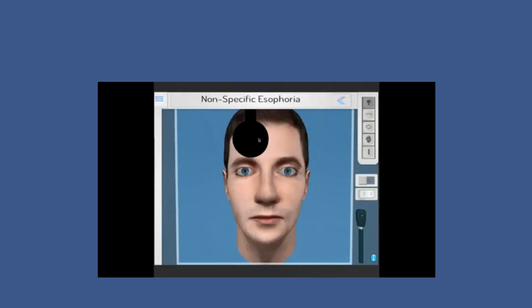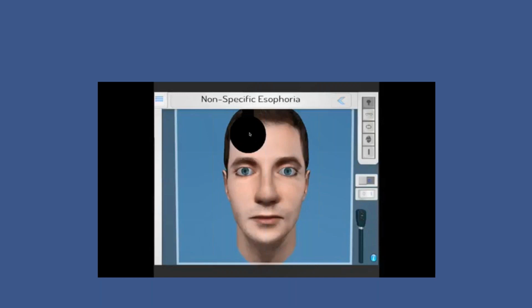Let's repeat the same procedure with the right eye. We cover the eye, nothing. We uncover the eye, and again there is no movement of either eye. It must be said, however, that in extreme cases where the phoria is quite marked, the eye will likely deviate simply using the cover-uncover test, but not in this particular example.